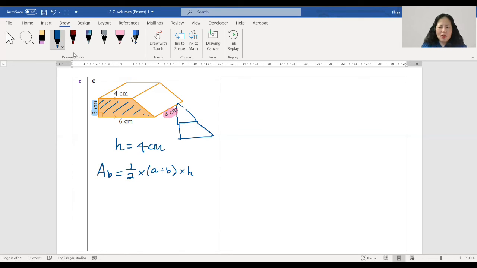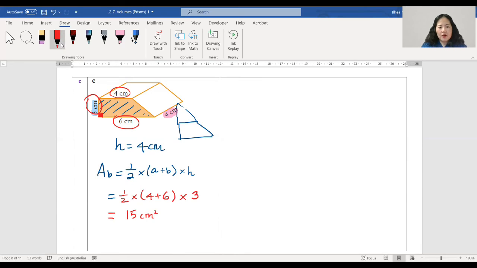So it's a bit like the area of a triangle, but the only thing is the trapezium has 2 bases. So half stays the same times the top base is 4 and the bottom base is 6. The height has to be perpendicular to those 2 bases. So it's going to be 3. When you put all that in your calculator, you will get 15 square centimeters.